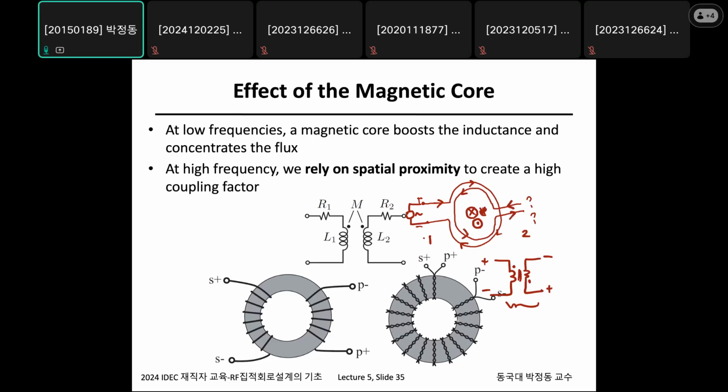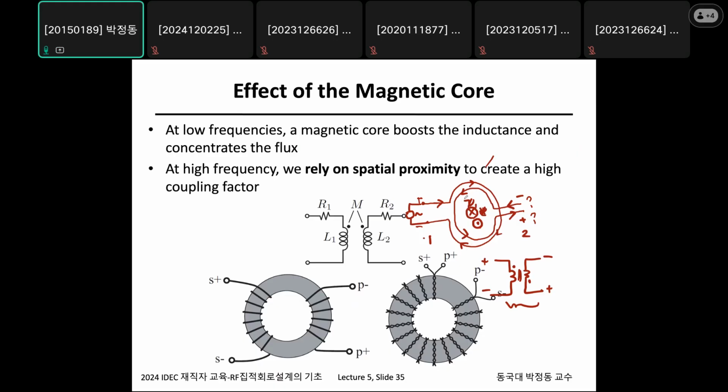So which one is positive and which one is negative? This is positive, this is negative, right? Because the current is conducting this way. Because of the right-hand rule, this is flux 1. This flux 1 will go to flux 1, 2.